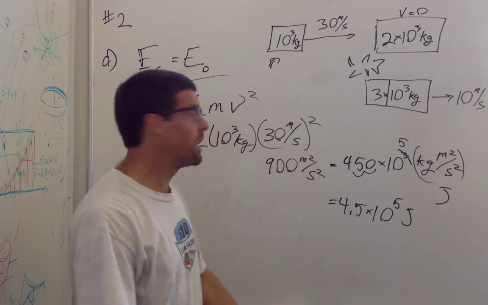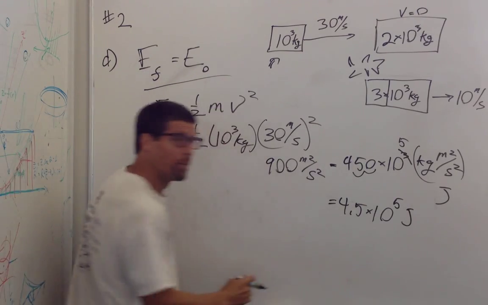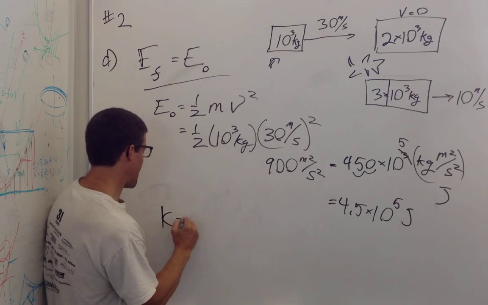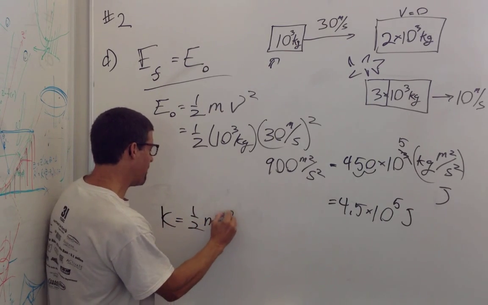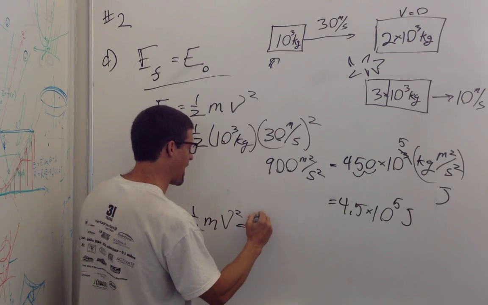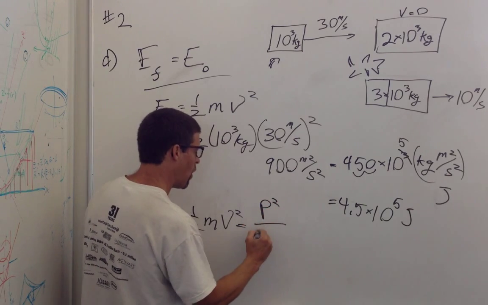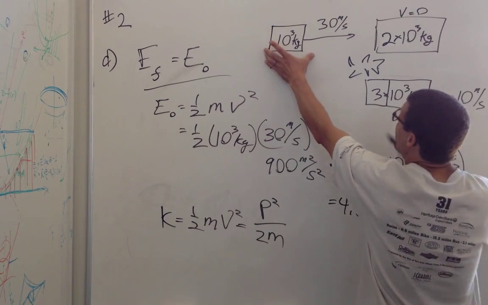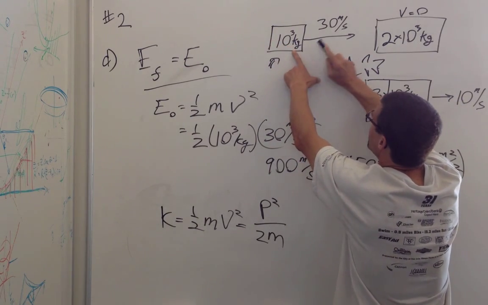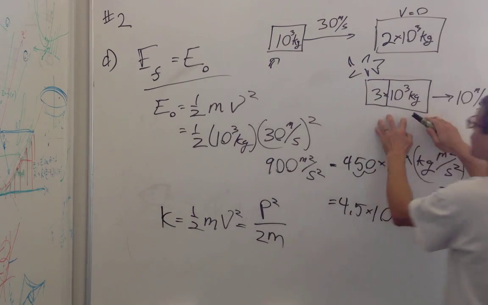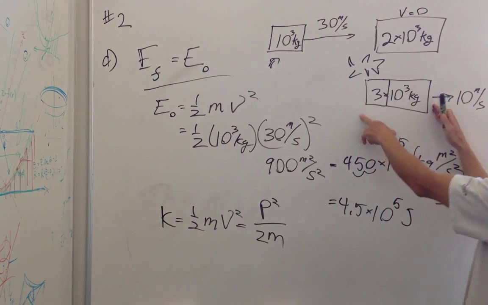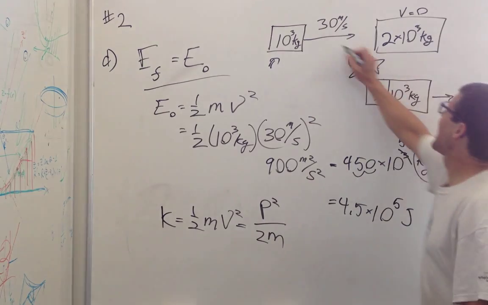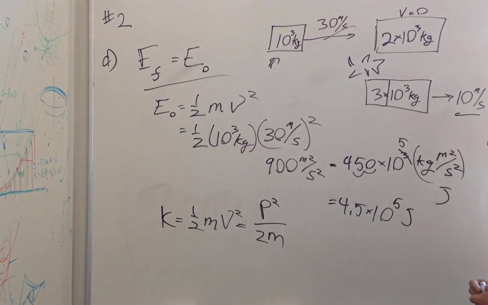Go through and calculate the energy after if you want, but we can recognize that kinetic energy is equal to 1/2 mv squared, or that's the same as p squared, the momentum, over 2m. And we can compare before, when we have this guy moving along, to after, when the mass is 3 times as great, but the velocity is 1/3 as great.